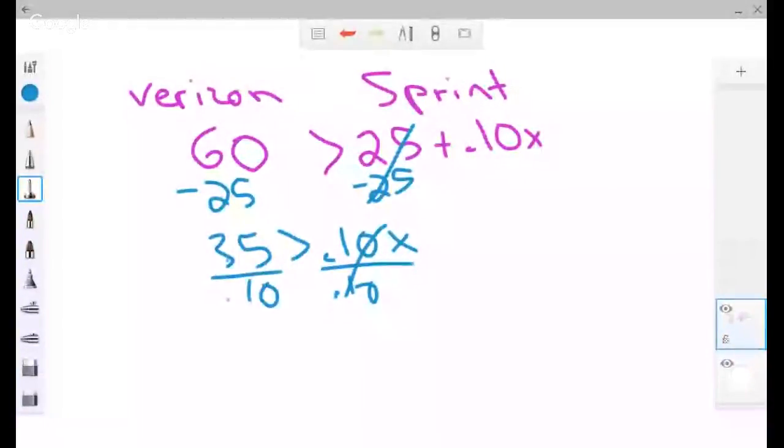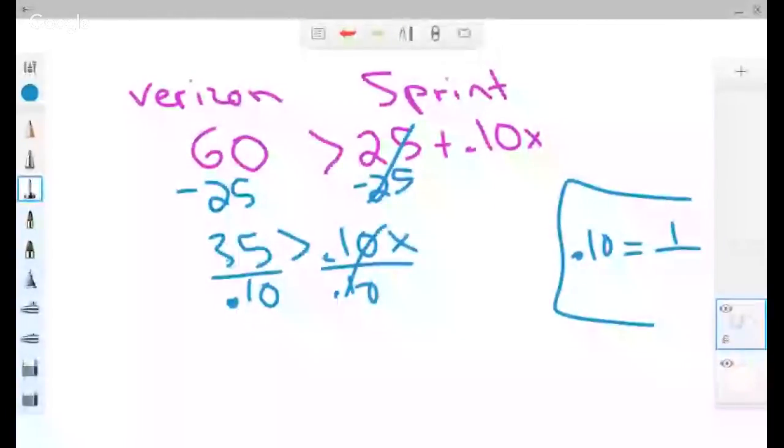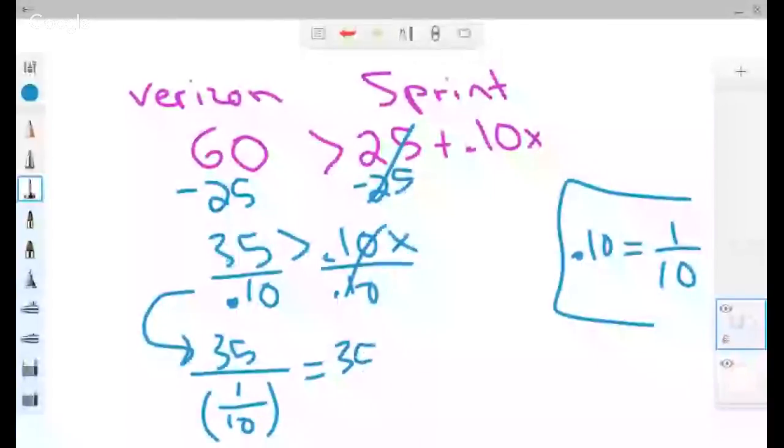Remember, dividing by 0.10, one way you can think about this, 0.10, that's in the tenth place, there's a 1 in the 10th place, so it's 1 over 10, right? So really what I'm doing here is 35 divided by 1 over 10, which is 35 times 10 over 1, right? To divide by a fraction, you multiply by its reciprocal.